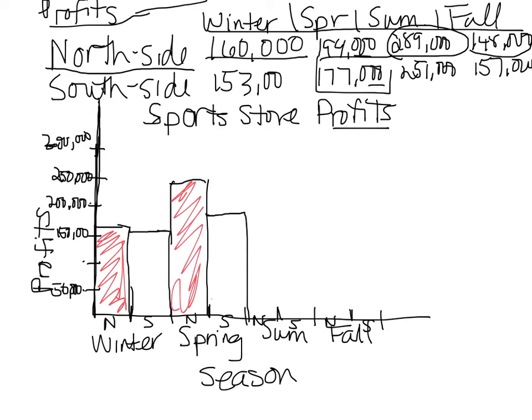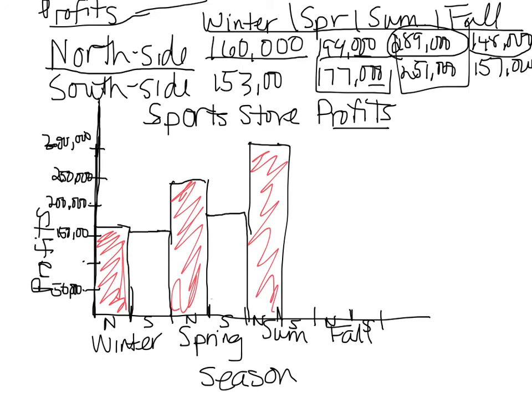Then I go back and I find that the next one is 289, so we're going to go almost all the way up to 300 for this. If you have graph paper, you're going to have to be much more exact than this. And then we go to 250,000 for this.